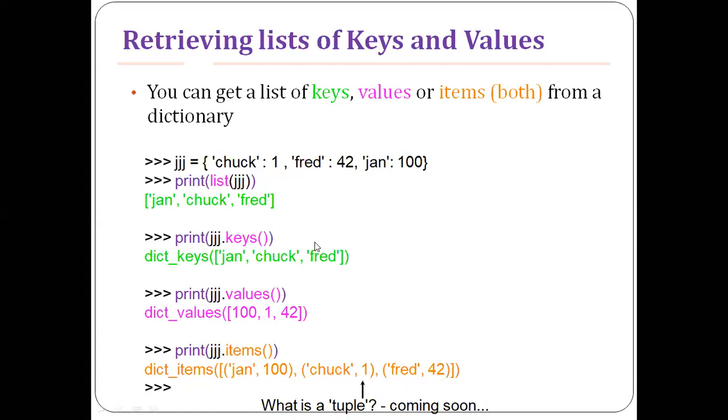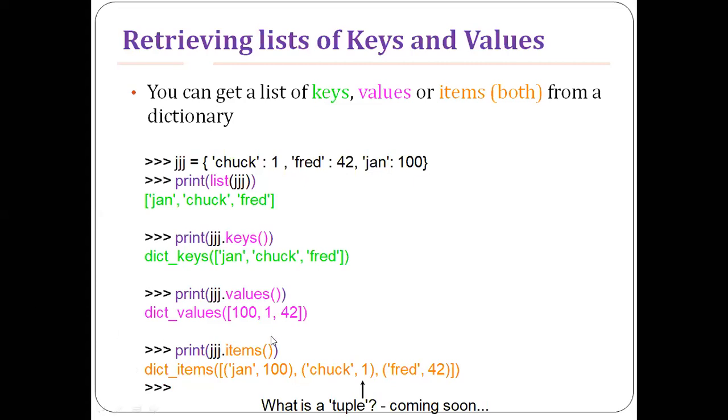So this is how you can display only the keys of a dictionary, or only the values of the dictionary, or both, that is items. Both, that is the key as well as its associated values. To display only the keys, you use a library function called keys, and to display only the values, you use values.